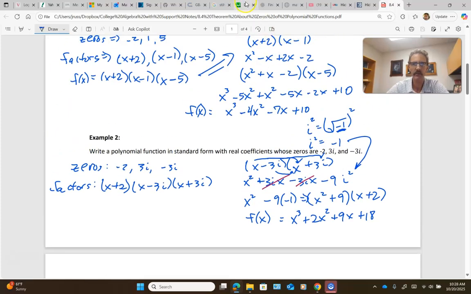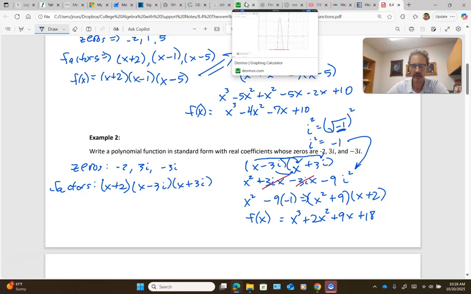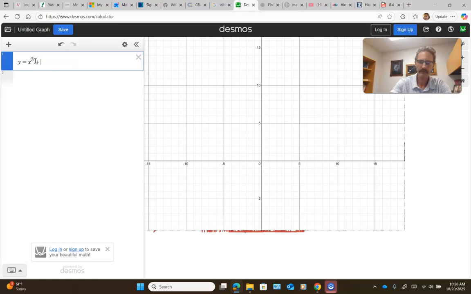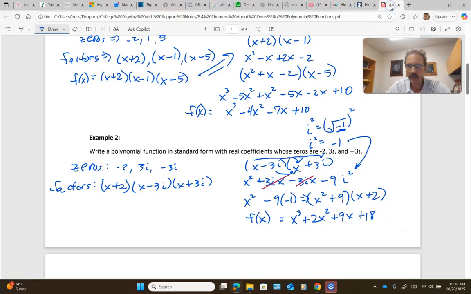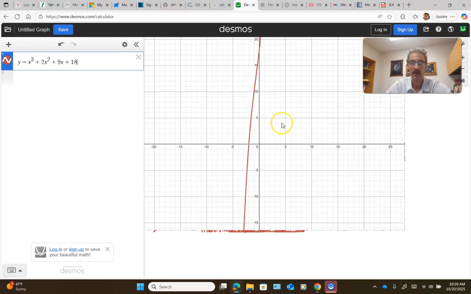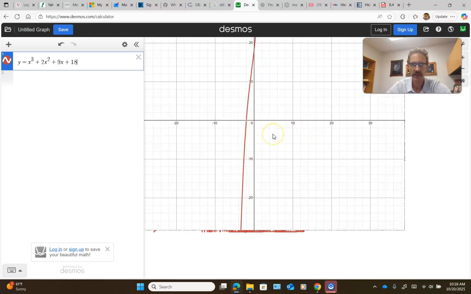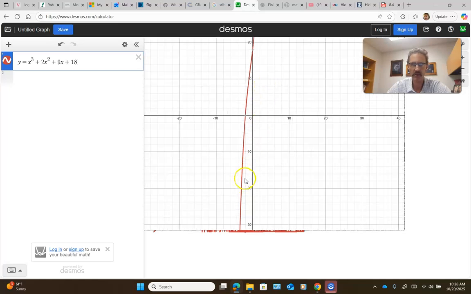I'll go ahead and do it for us real quick. Plus 18, I think. Let me just double check. Yeah, that's it. Alright, so if you're looking at this, you may think, whoa, that's weird. It's cubic, but it doesn't look all that cubic. But it is, guys.